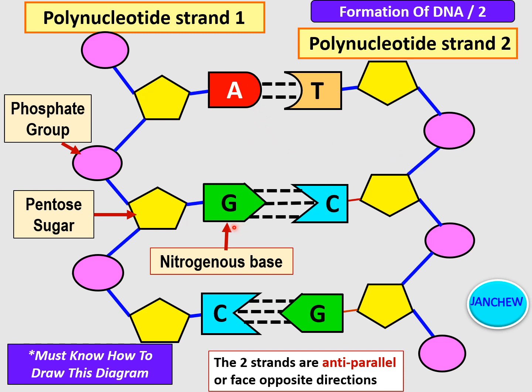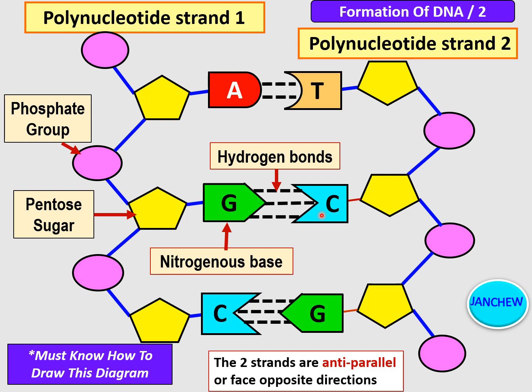And the sequence of bases does not necessarily have to be A, G, C all the time. It can vary or change according to the gene and the genetic code on the genes. Okay? Now, adenine and thymine are complementary bases because adenine can only bond or pair with thymine, and guanine always bonds or pairs with cytosine.